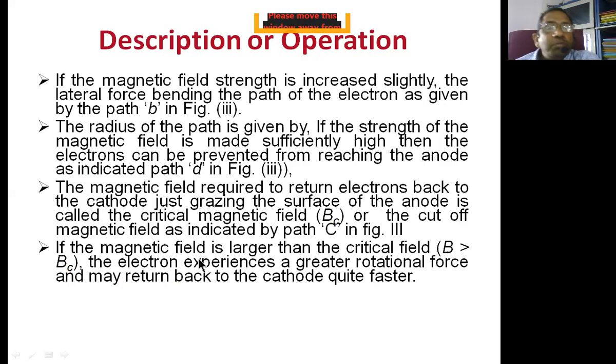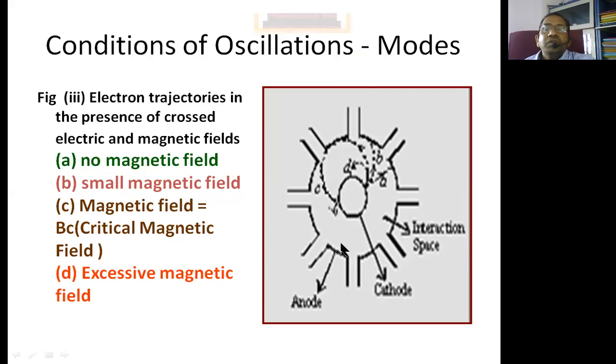Next, when the magnetic field is larger than the critical field, not excessive, then the electron experiences a greater rotational force and may return back to the cathode quite faster. So the magnetic field we apply should be in between mode C and mode D. If we apply a magnetic field in between these two modes, the electron is going to rotate, grazing all these cavities.